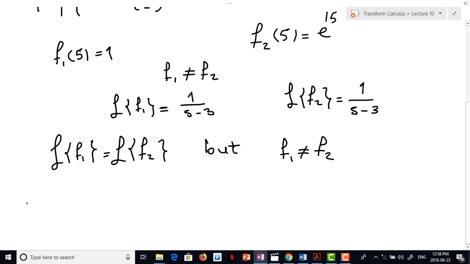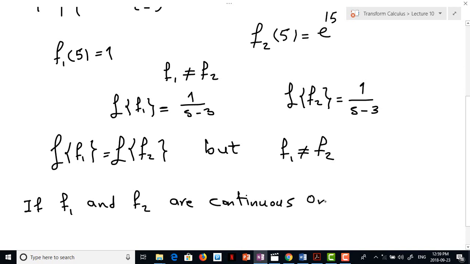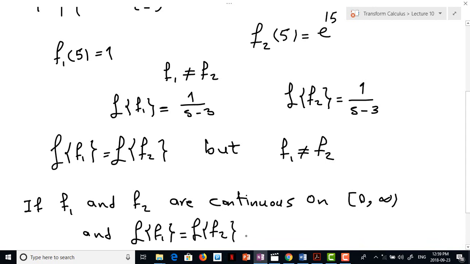If f1 and f2 are continuous on the range of 0 to infinity, and the Laplace transform of f1 is equal to the Laplace transform of f2, then we can say that f1 is equal to f2.